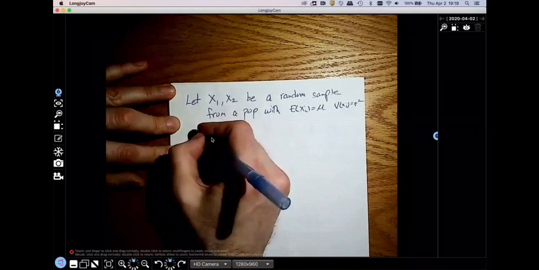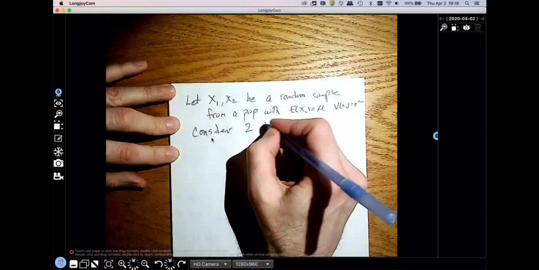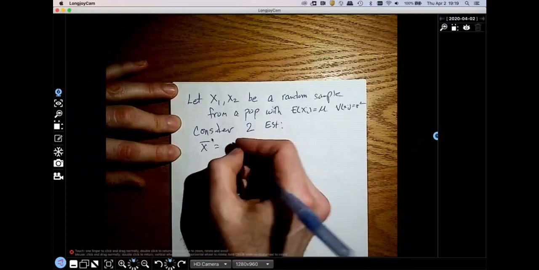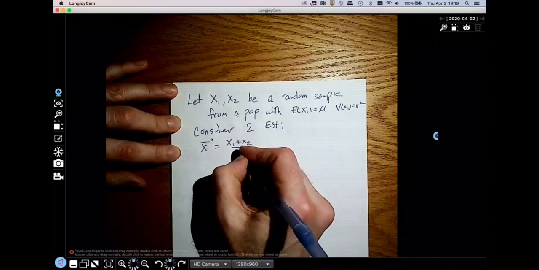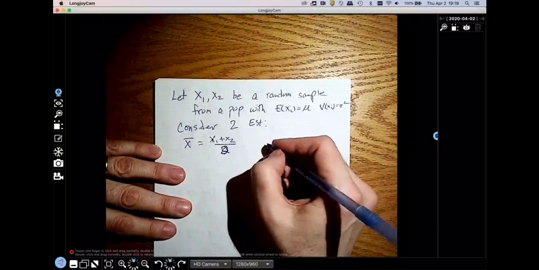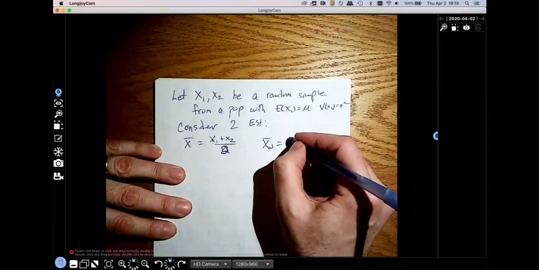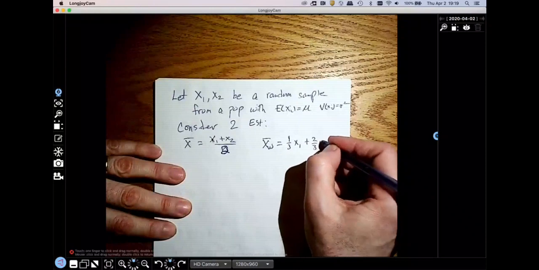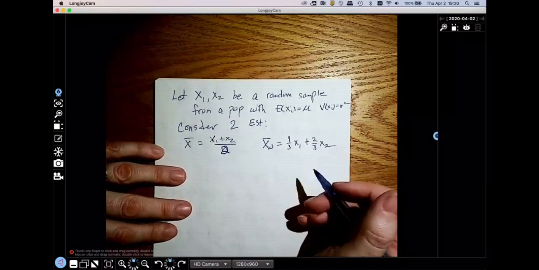And I'm going to say this. Consider two estimators. All right, so estimator 1, let's just call it x bar, is going to be x1 plus x2 over 2. And my other estimator is, let's just call this x bar w, which is, let's take 1/3 times x1 plus 2/3 times x2. So we're going to give x2 a little bit more weight.